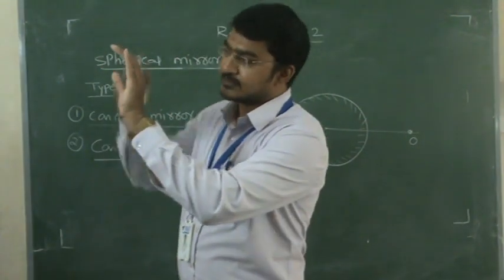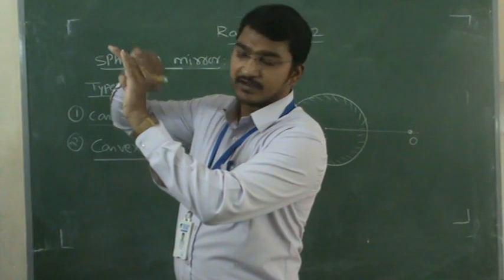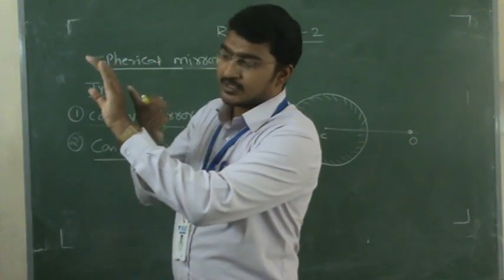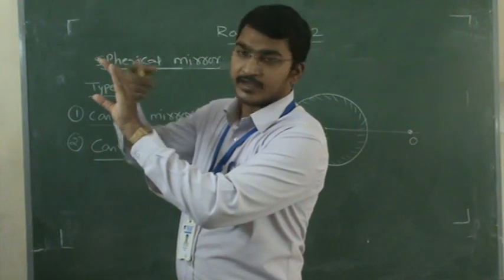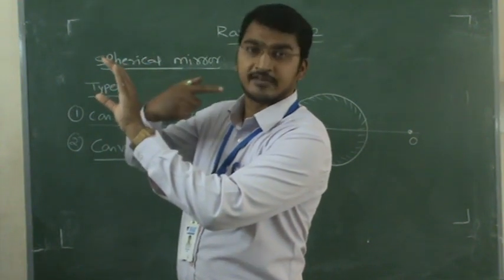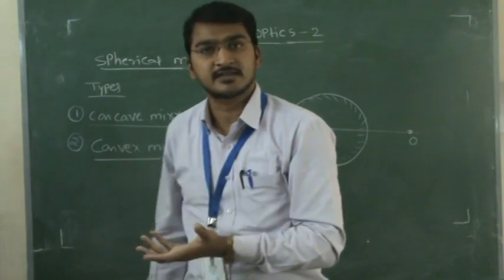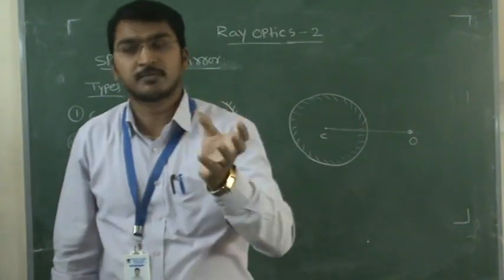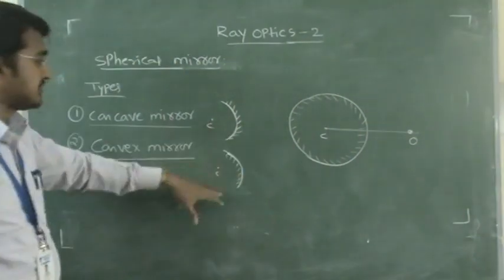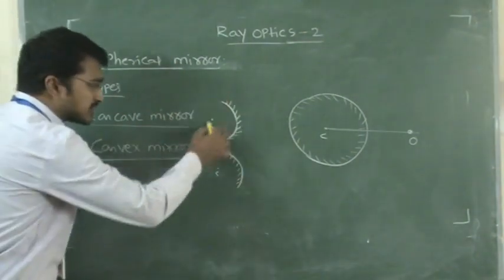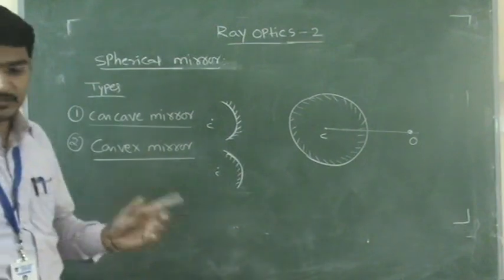If you take it like this, with the coating this side and this is the reflecting surface, and I am seeing my image in this mirror, and this is the convex side, the object is towards the convex side. So this is called a convex mirror. Got it? We can also define it based upon the position of images. Just remember which type of mirror it is, convex or concave.